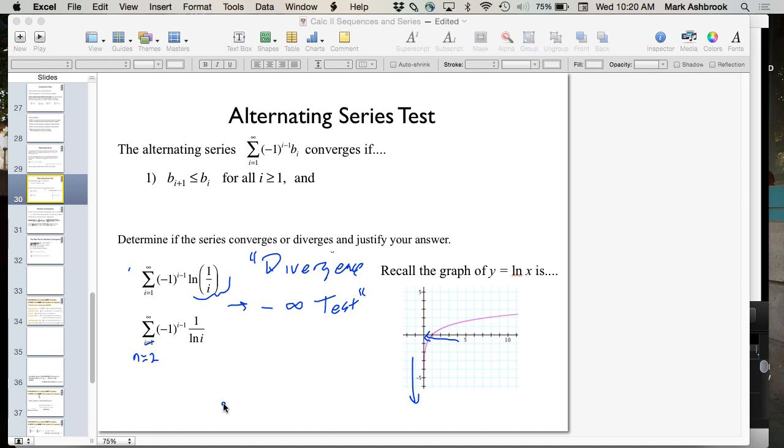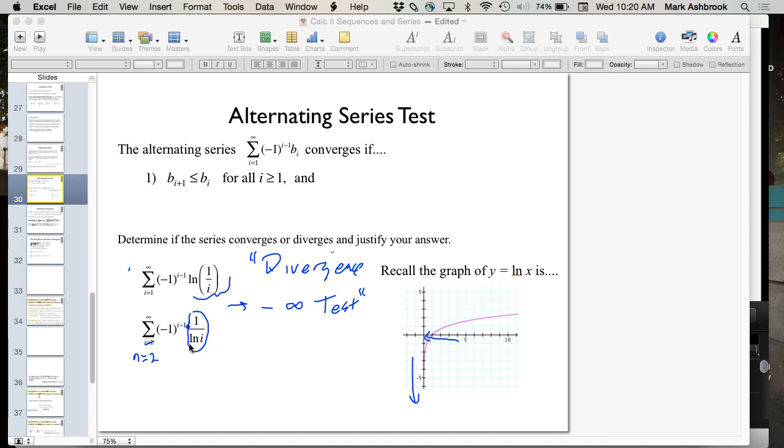Now, what about this? Looking at this right here, we have an alternating series. Does it meet the criteria of the alternating series test? Do those terms decrease? Yeah, because ln is an increasing function. ln is increasing, so 1 over ln is decreasing.